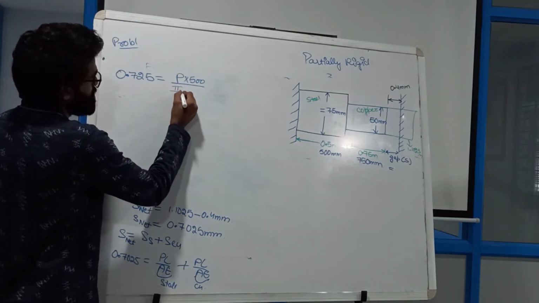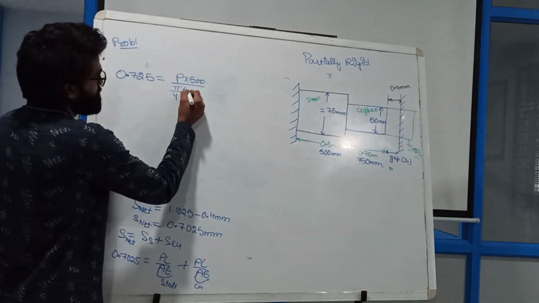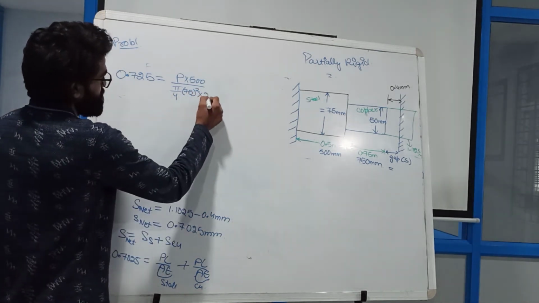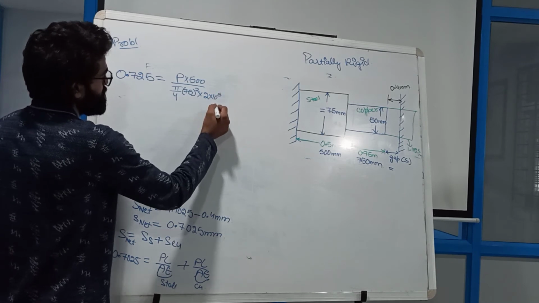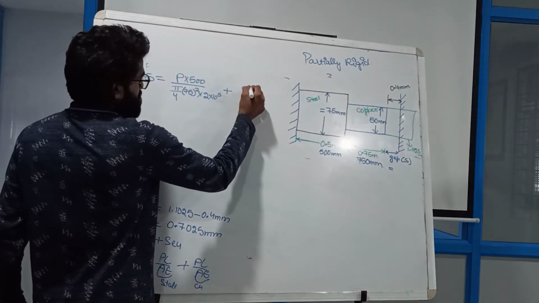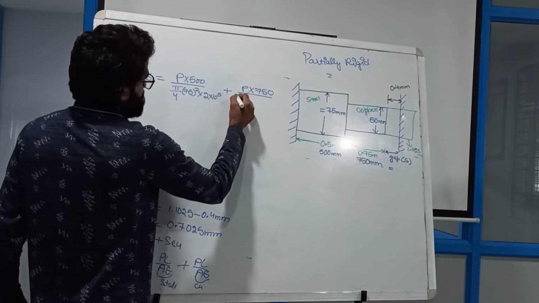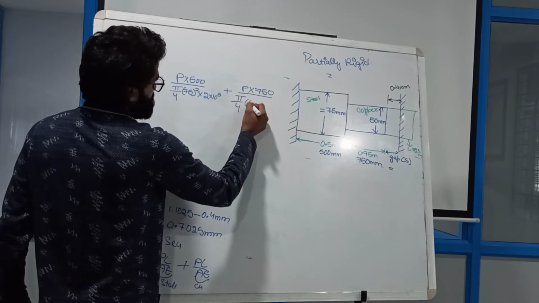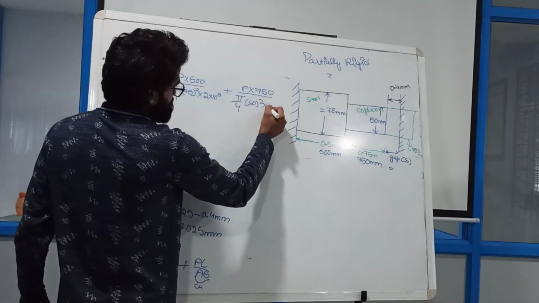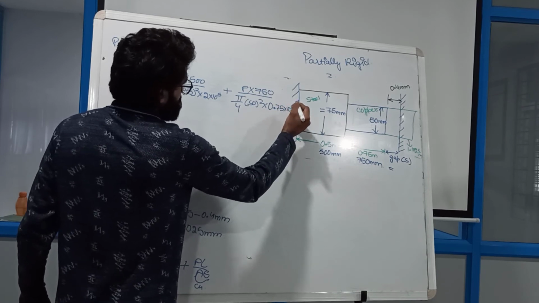Pi by 4 into diameter 75 squared into E value for steel. I know that 2 into 10 raised to power 5, and plus I know these values as well. So it is P into distance 750 divided by pi by 4, diameter is given 50 squared into the E value. E value is given, I guess, 0.75 into 10 raised to power 5.